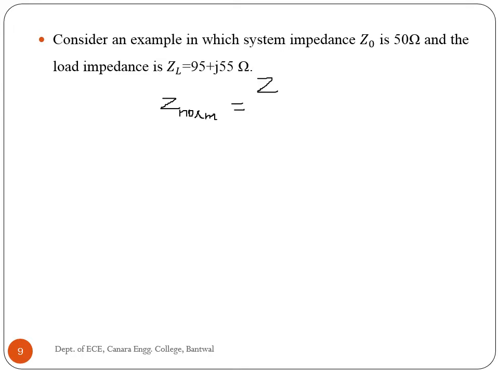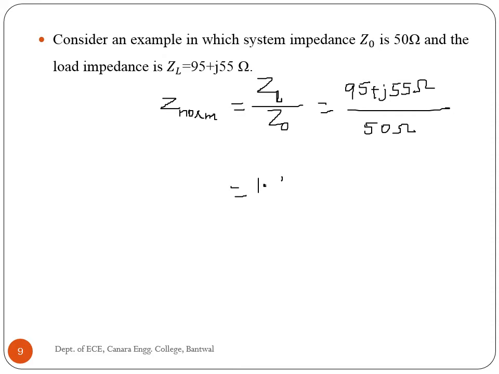Normalized impedance is given by the load impedance divided by the system impedance, which is 95 plus j55 ohm divided by 50 ohm, which is equal to 1.9 plus j1.1.